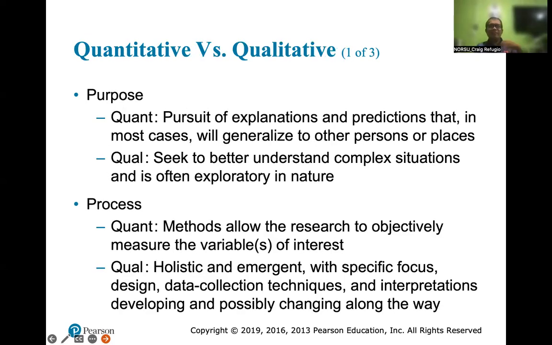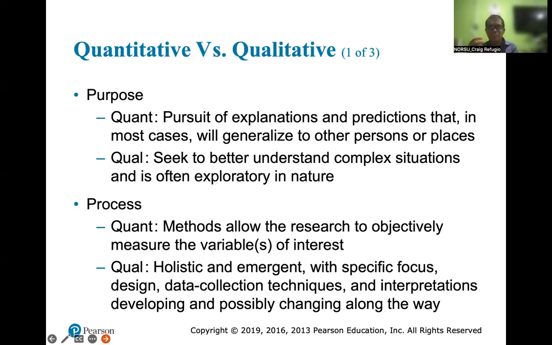So, quantitative versus qualitative research design. In terms of purpose, quantitative is the pursuit of explanations and predictions that in most cases will generalize to other persons or places. The keyword there is that quantitative is all about explanation and prediction.